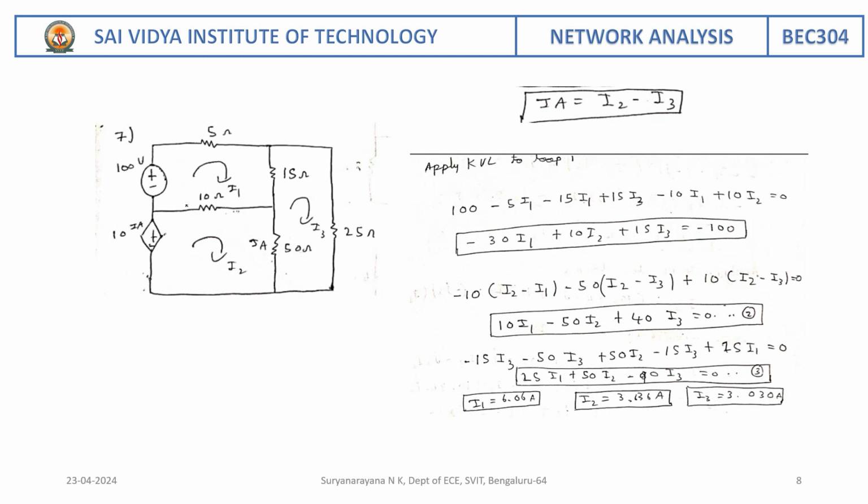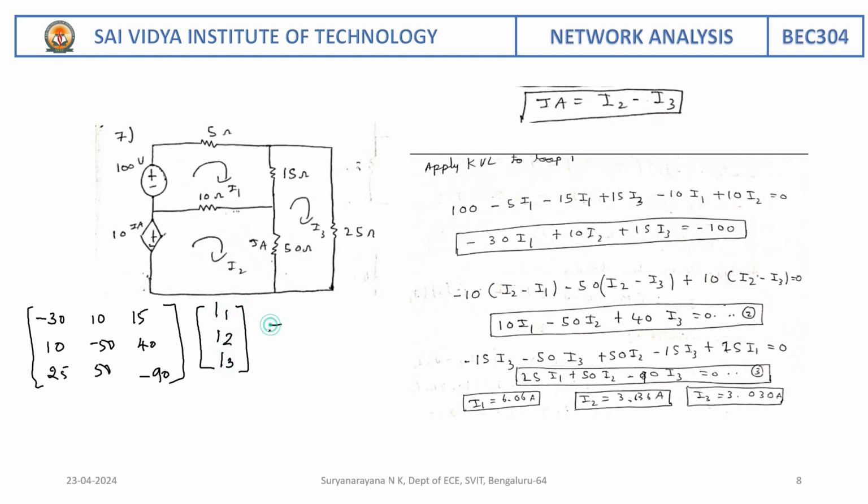We have three equations, so you can write Cramer's rule like this: R11, R12 and R13, and then here 10, and then minus 50 and then 40, and then for the third equation 25 and then 50, and then you write I1, I2 and I3, that is equal to minus 100, then 0 and 0.